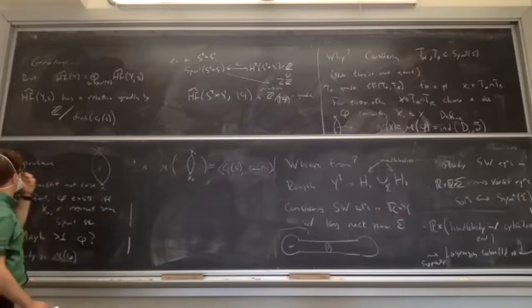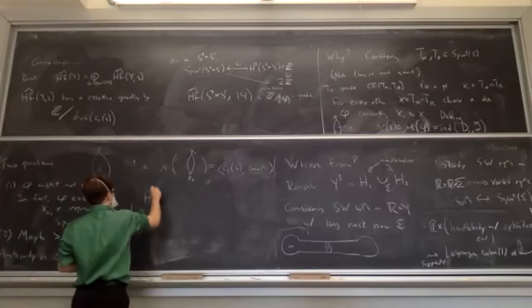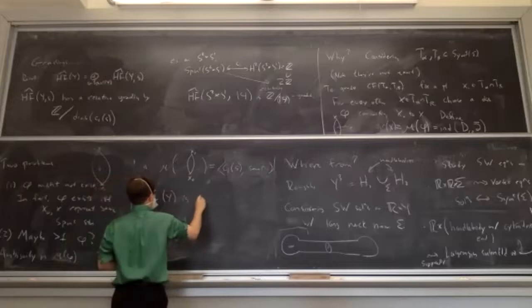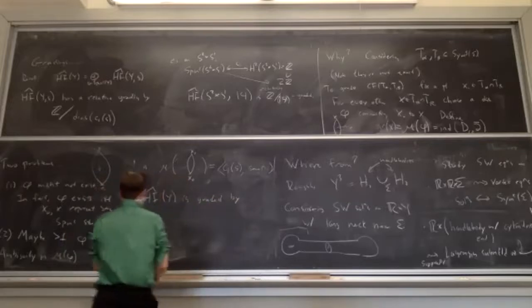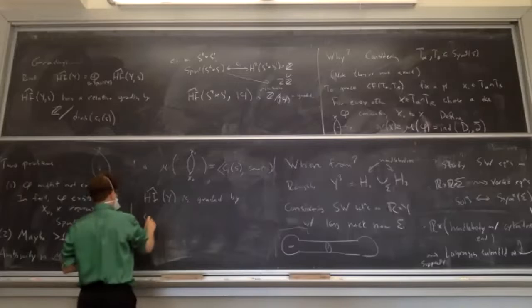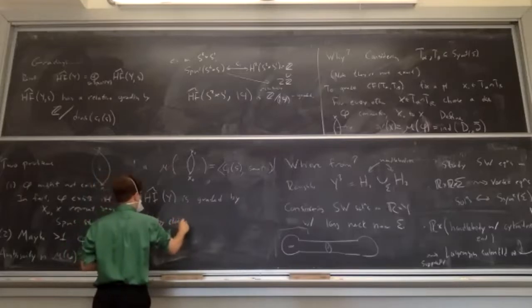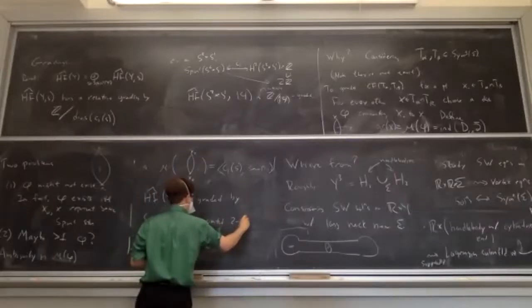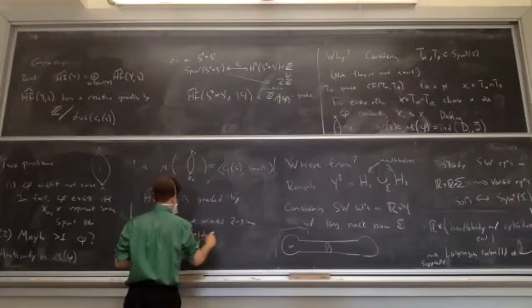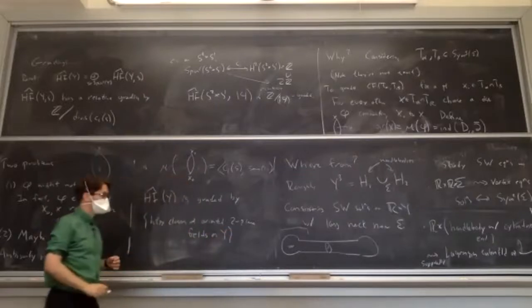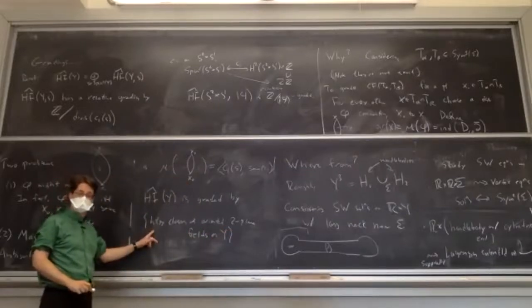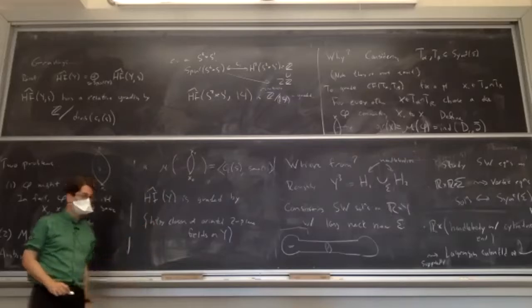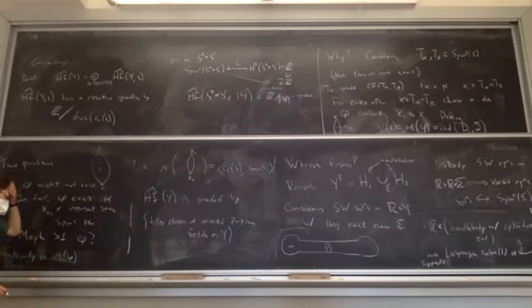Another way to say what it's graded by, there's a conceptual way, sort of: HF hat of Y is graded by the set of homotopy classes of oriented two-plane fields on Y. This was written down by some Berkeley graduate students about 15 years ago for the Heegaard Floer case, Vinicius Grip and Yang Huang, I think.